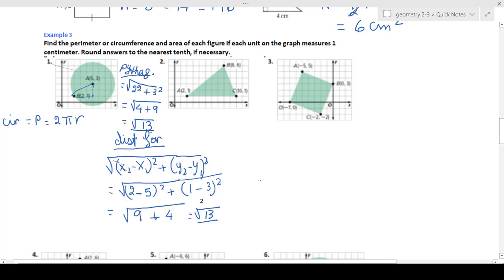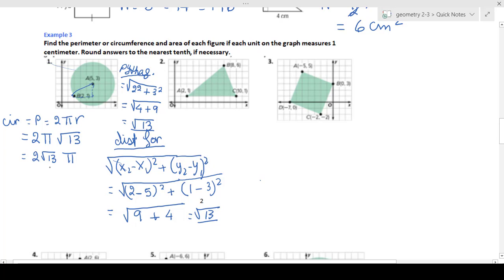The same thing. Now, we can use this piece of information in substitution. So the circumference equals 2 pi times root 13, or 2 root 13 pi.